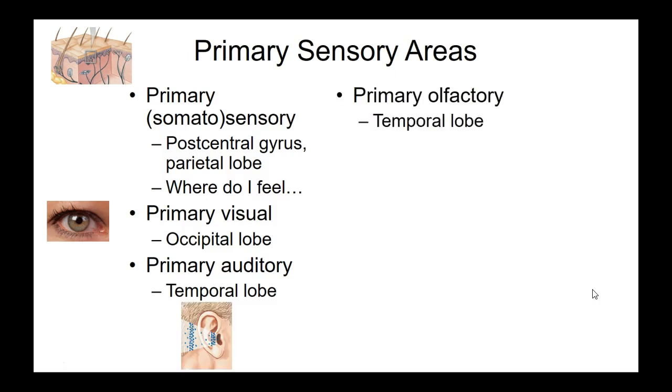Not surprisingly, we also have an area where we get sensory information from our olfactory neurons, our nose, and that's located also in the temporal lobe.